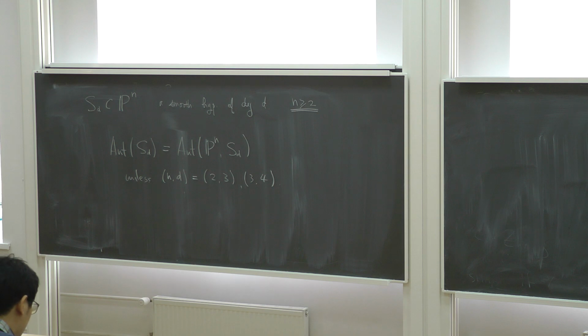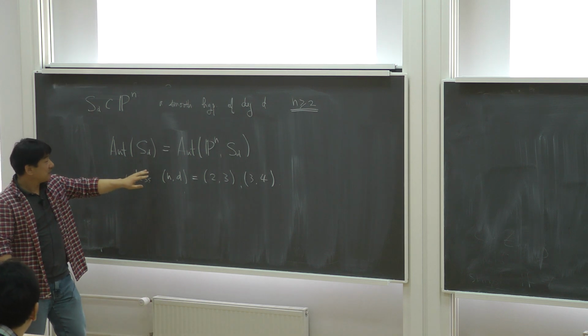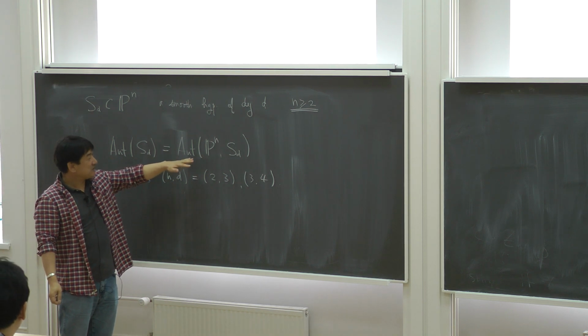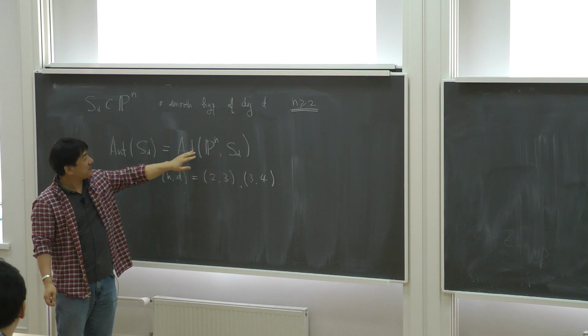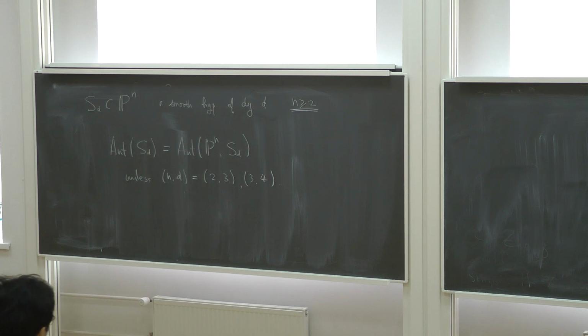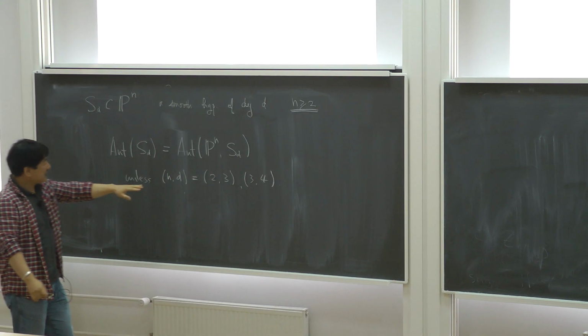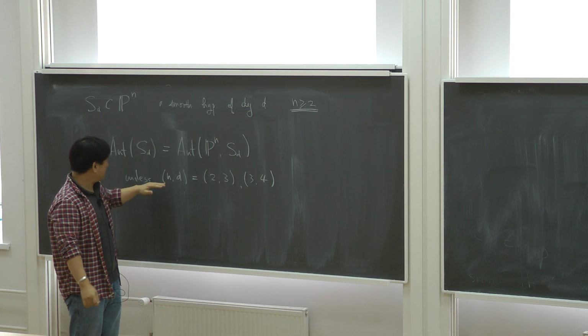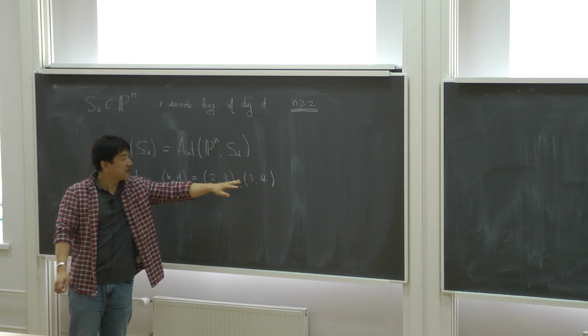So to prove this statement, consider the automorphism group of the hypersurface. No, it's not the complement. It's the automorphisms of Pn which fix the hypersurface. So they are the same, unless this condition holds, like unless (n, d) is (2, 3) or (3, 4).